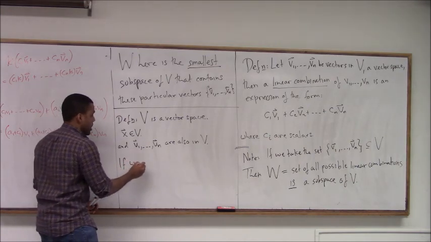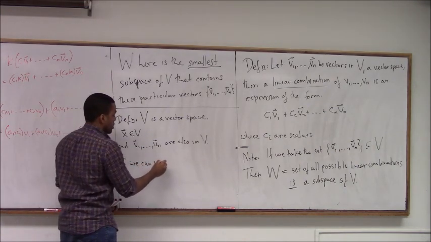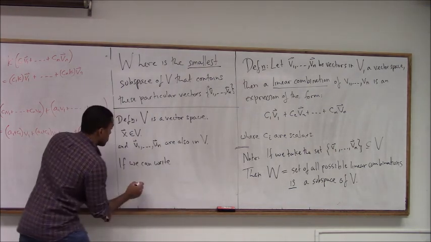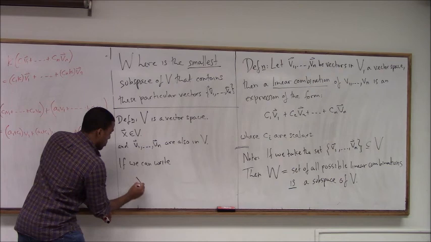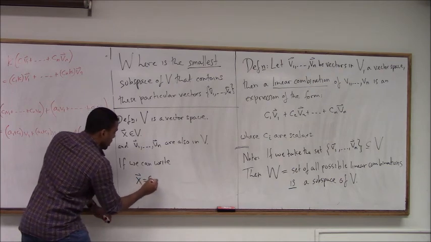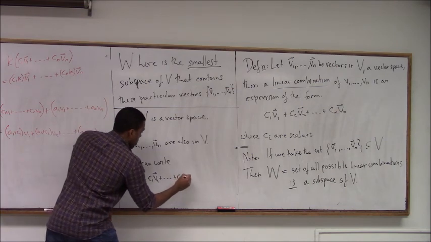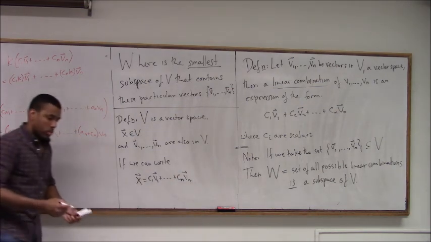If we can write x equals a linear combination of these vectors, there are a bunch of things we can take from that.